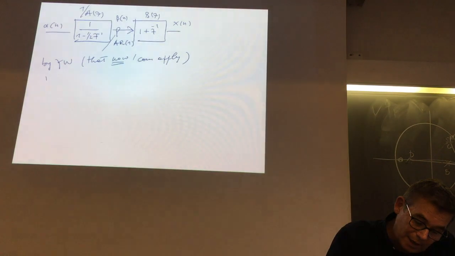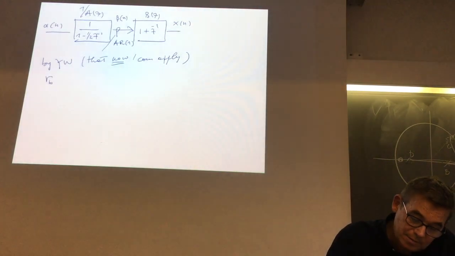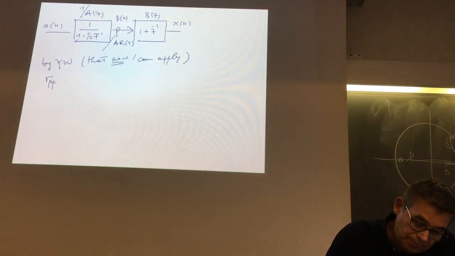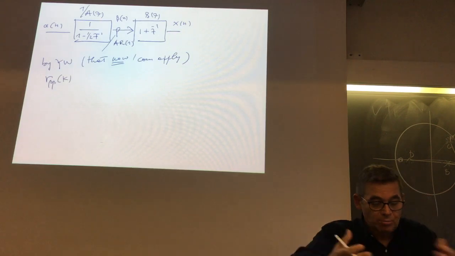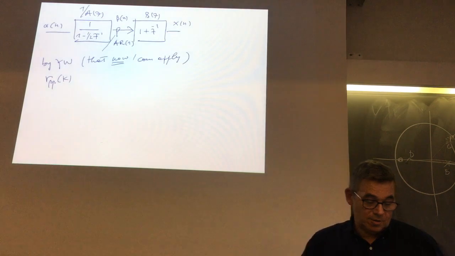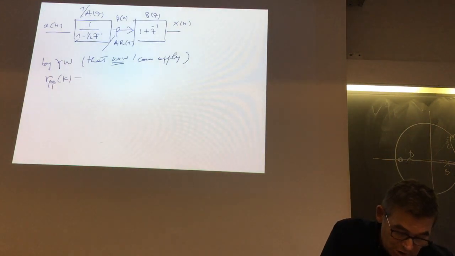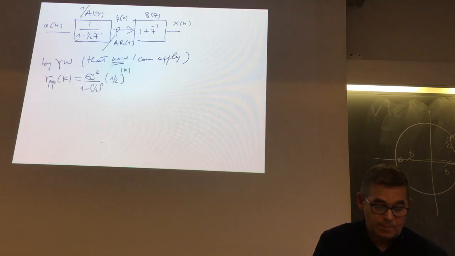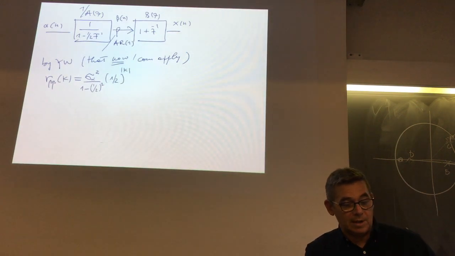I can calculate R beta k, which we already computed. It's all the same. It is the analytical closed form, which is sigma square alpha divided by 1 minus 1 half square, and then it is 1 half to the power k. This is R beta beta.